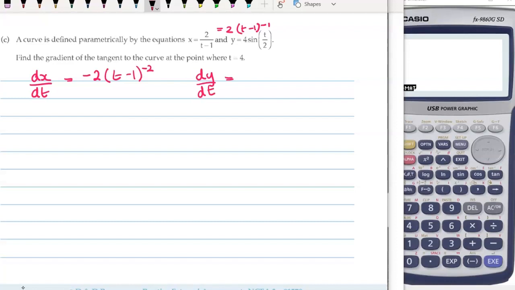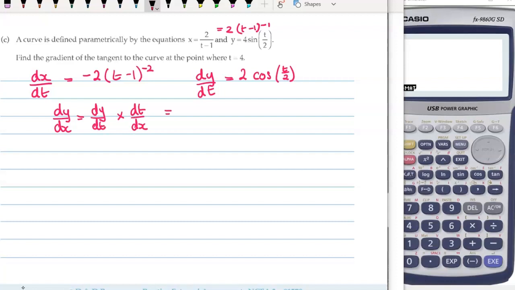If we differentiate sine, we get cos. Inside stays the same, but we need to multiply by the derivative of the inside. So multiplying by a half, 4 times a half is 2. So dy by dx is dy by dt times dt by dx.